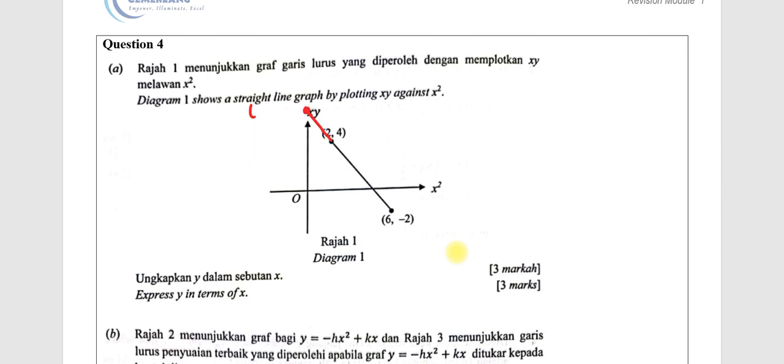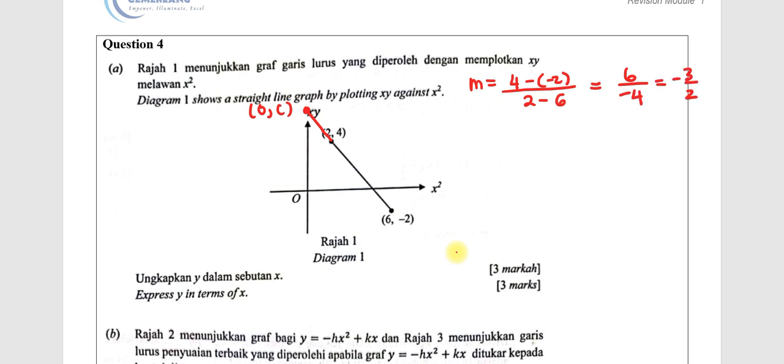Make sure you get your y-intercept coordinate, always 0, C. Now try to get your gradient first. Always gradient first. 4 minus negative 2 over 2 minus 6. So 6 over negative 4. So you get negative 3 over 2.